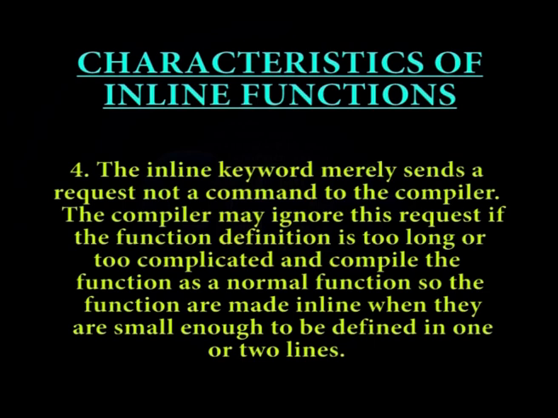The compiler may ignore this request if the function definition is too long or too complicated, and compile the function as a normal function. So functions are made inline when they are small enough to be defined in 1 or 2 lines. There are some situations when inline expansion may not work.